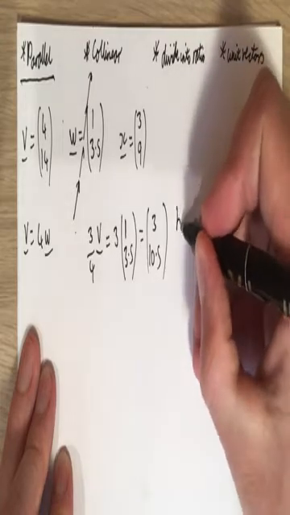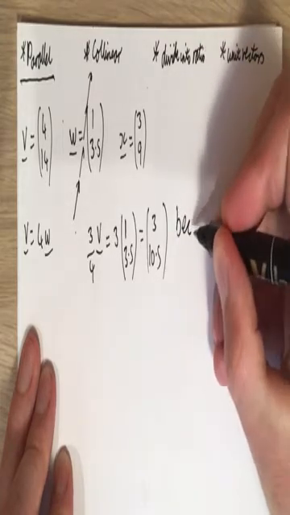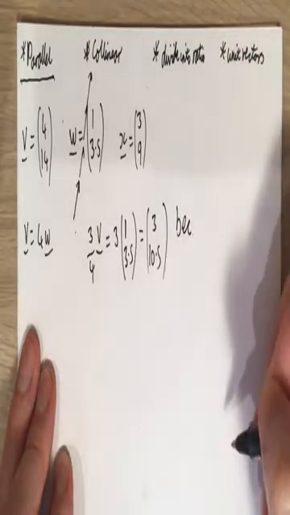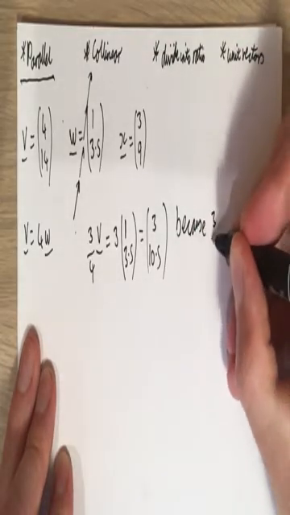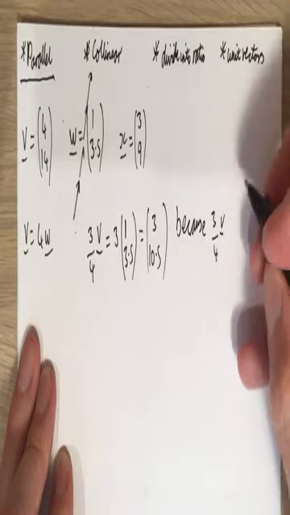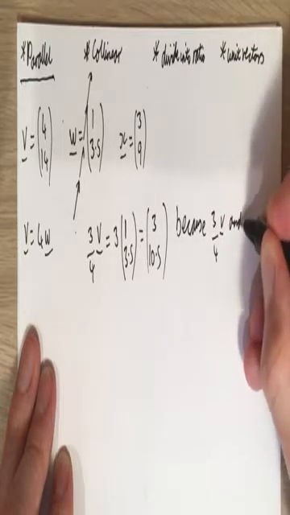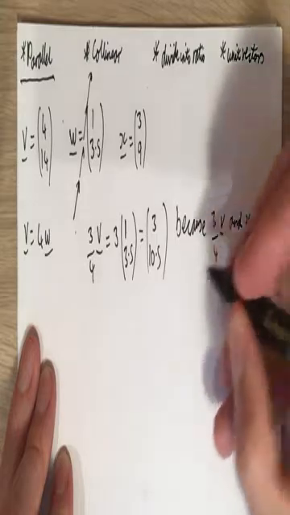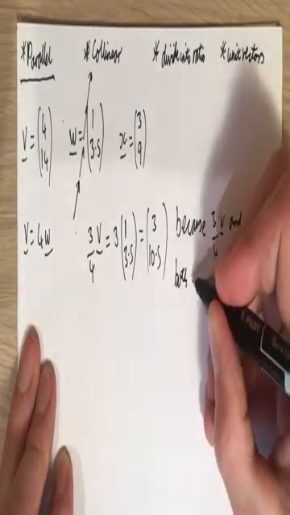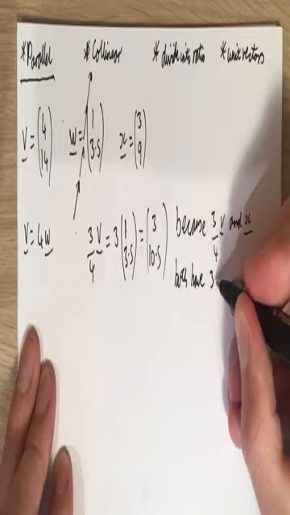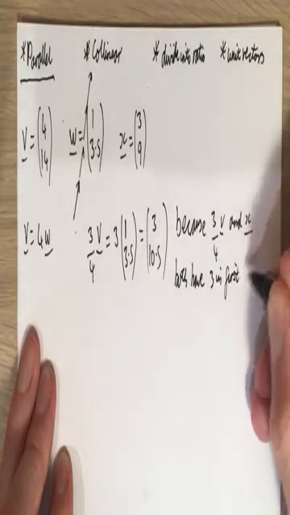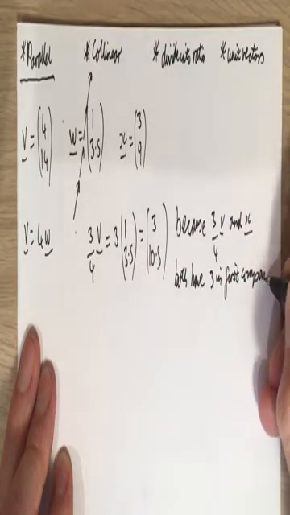So we could write a little sentence. It's important to do this whenever you're trying to show something or conclude something. So I could say, because 3/4 of V and X both have 3 in the first component, but are different in the second component, V and W are not parallel.